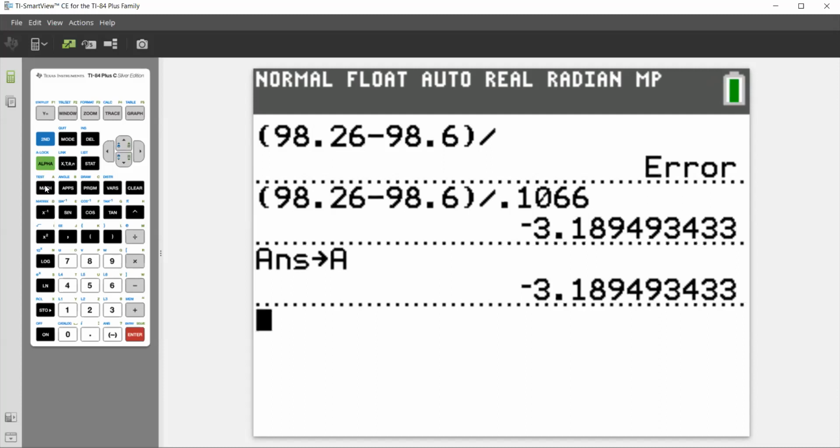So the area that we're going to find is to the left of that number because it's a left tail, because it's negative. However, because it's a two-tailed test, whatever area we find using normal CDF, we have to multiply by 2. So I'm going to multiply by 2 first, 2 times, and then we're going to do normal CDF.